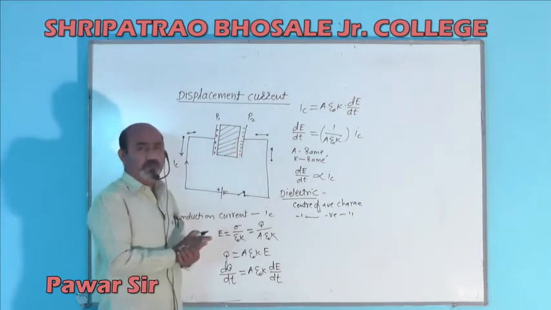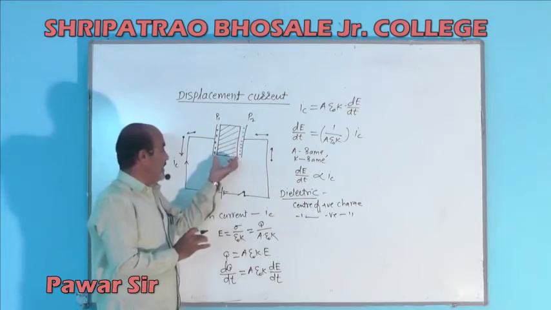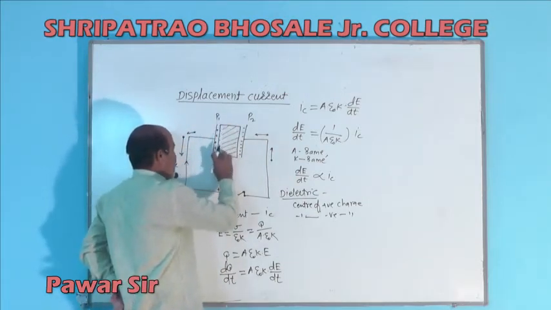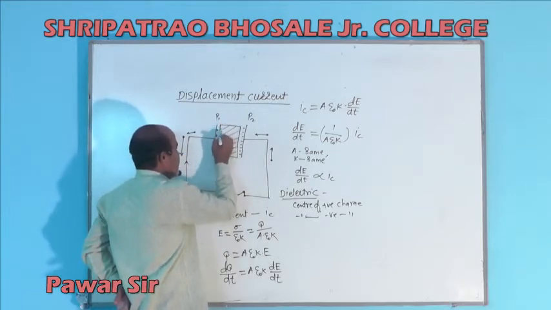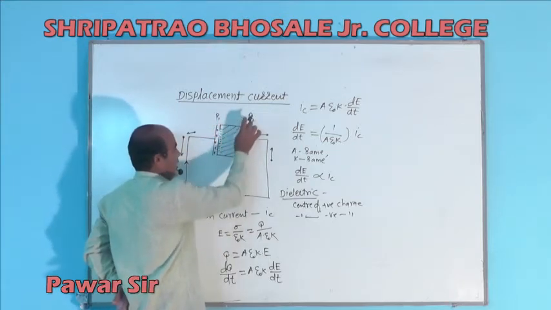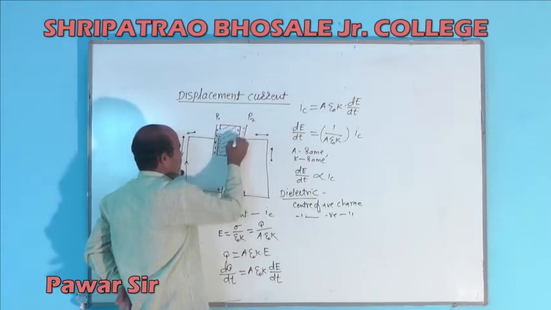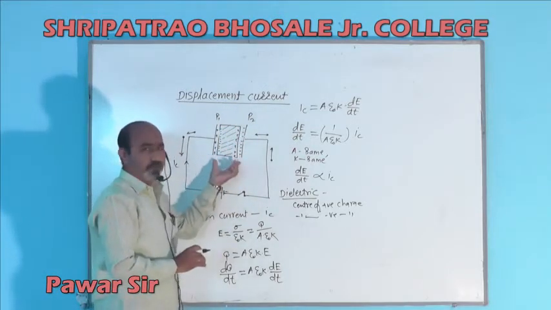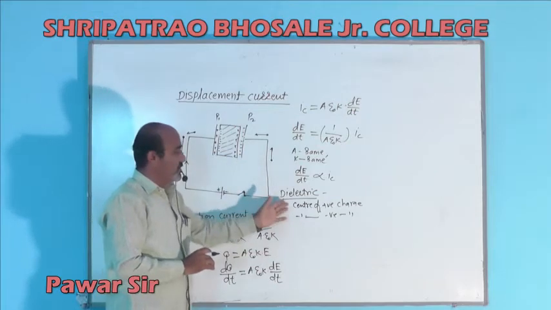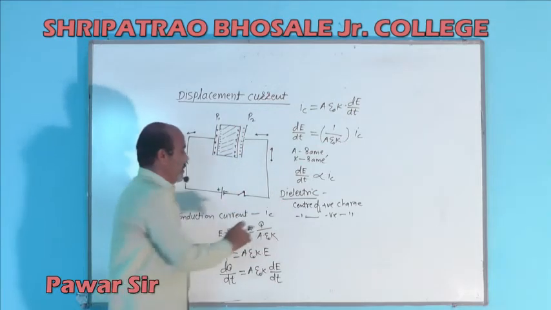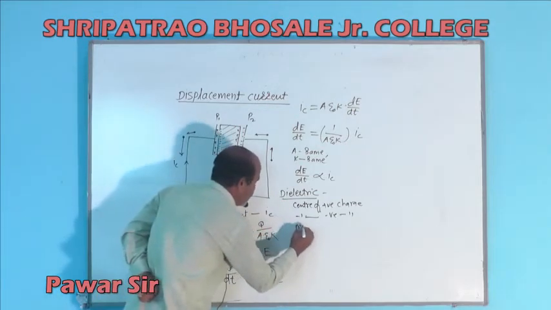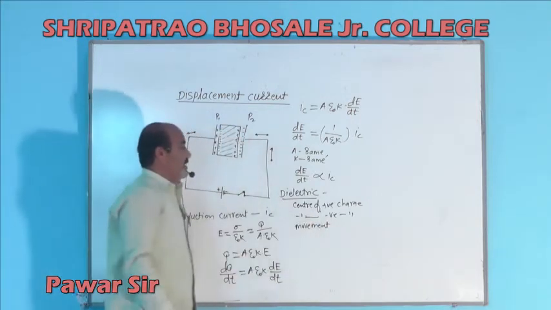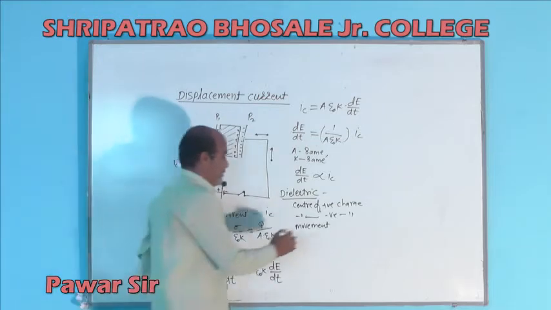Due to stretching of charges, the dielectric gets polarized with its negative charge on left side and positive charge on right side. Now, during this process, due to the stretching of charges, movement of charges takes place. Now, these charges are bounded charges.